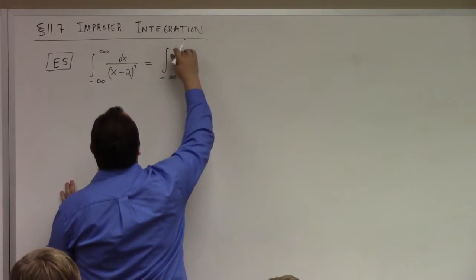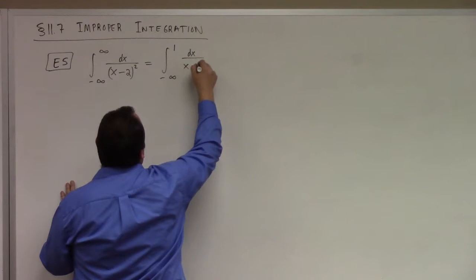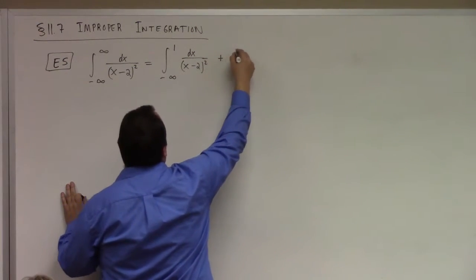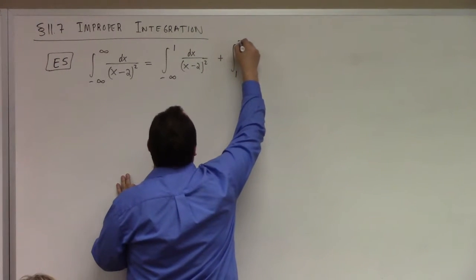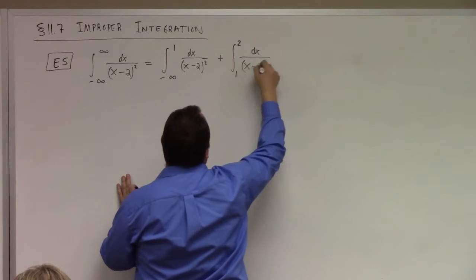This is like the integral from minus infinity to 1 of dx over (x minus 2) squared, plus the integral from 1 to 2 of dx over (x minus 2) squared. I always do an example like this, and then I regret actually writing it out, but I'm going to because it's important for you guys to see it.